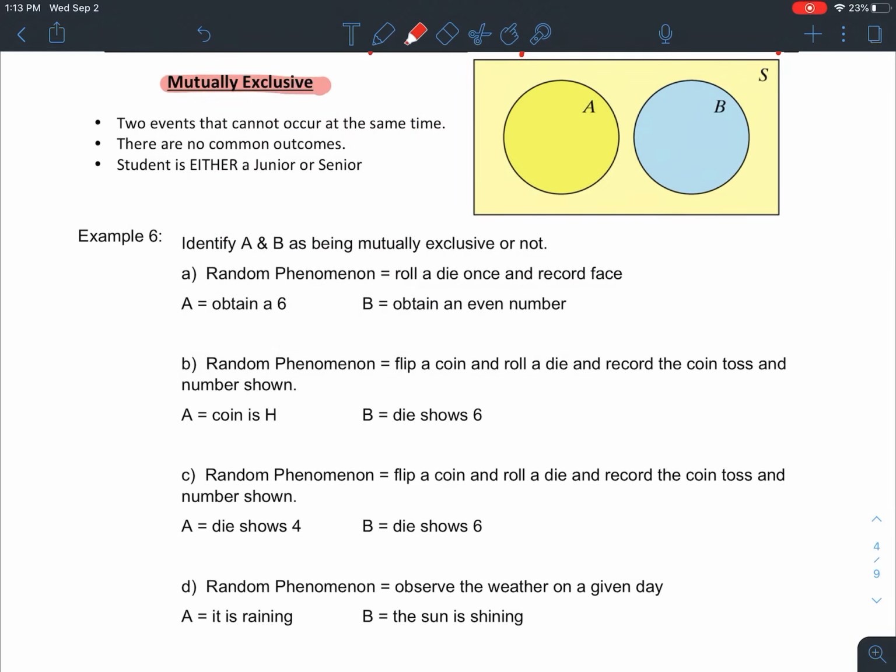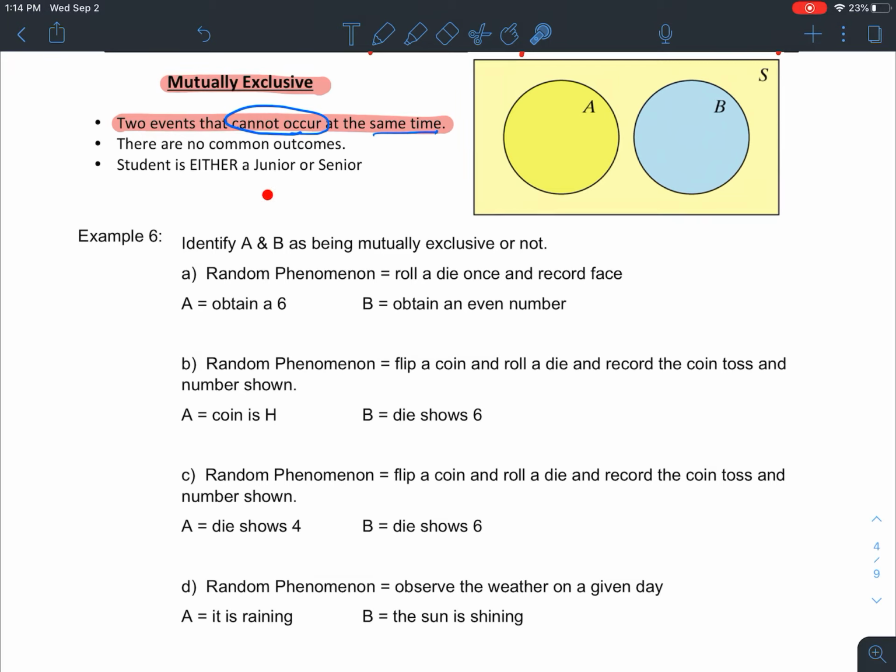Okay, so anytime we're talking about events occurring and probability, we always have this idea of what's called 2 events that are mutually exclusive. And so when we talk about events being mutually exclusive, we're talking about 2 events that it is completely impossible for those 2 events to happen at the exact same time, okay?